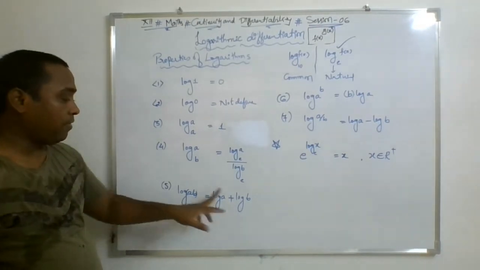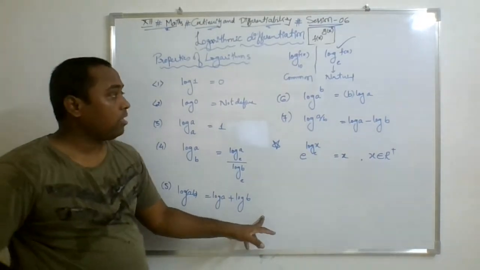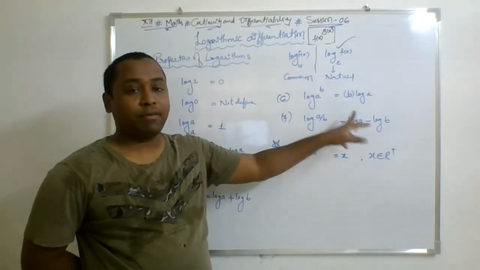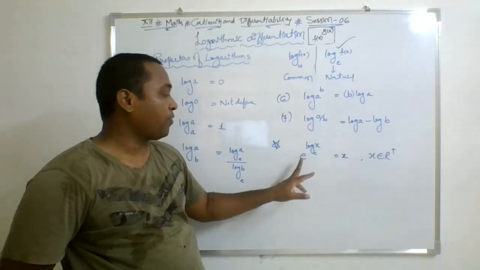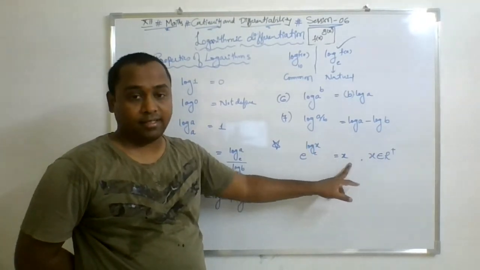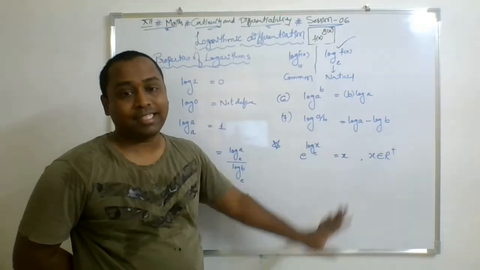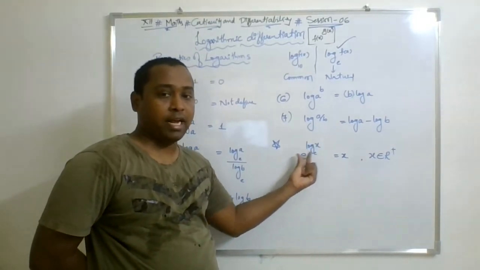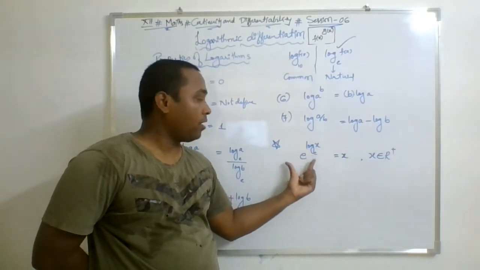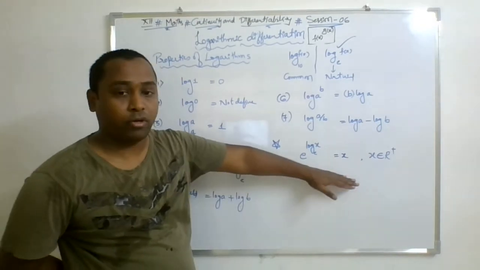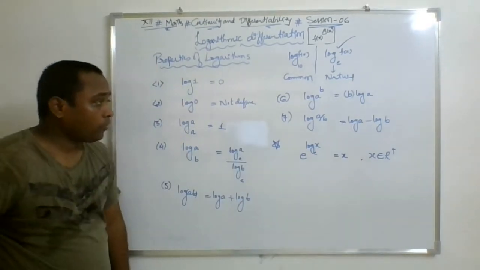Log ab can be written as log a plus log b. Log a to the power of b is b log a. Log a by b is log a minus log b. And e to the power of log x is x, in short, where the actual base and the log base are the same, the value of the exponential function is equal to x. That we are going to discuss first.